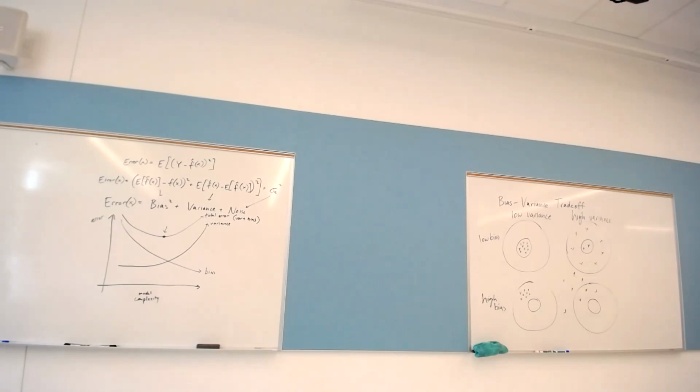And so what I would like to do now is give a more systematic algorithm for how to do cross-validation, and then walk through some custom code to make sure we really understand what's going on.